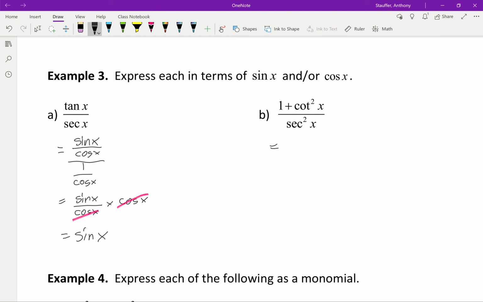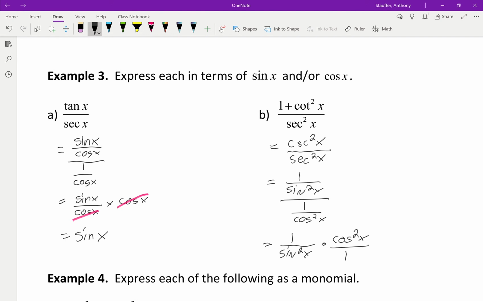Looking at my next one, I have 1 plus cot squared x. 1 plus cot squared x is cosecant squared x, and then that's all going to be over the sec squared x. From here, this will give me 1 over sine squared x all over 1 over cos squared x, which will end up giving me 1 over sine squared x, and then we'd multiply that by cos squared x all over 1.